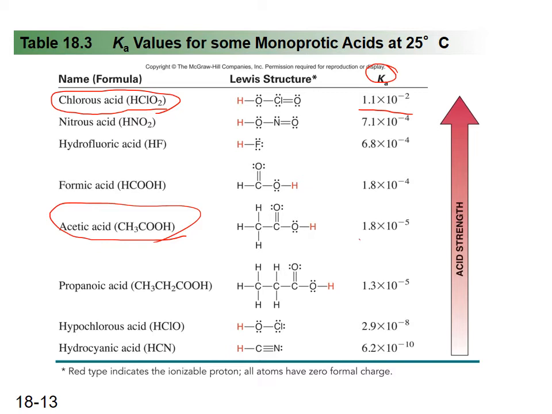For acetic acid, 1.8 times 10 to the minus 5. 10 to the minus 2 means 0.01. 10 to the minus 5 means 0.00001. So this is a smaller number, and this is a larger number. A larger number means a stronger acid.